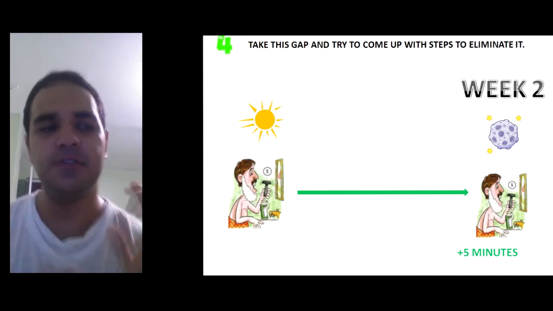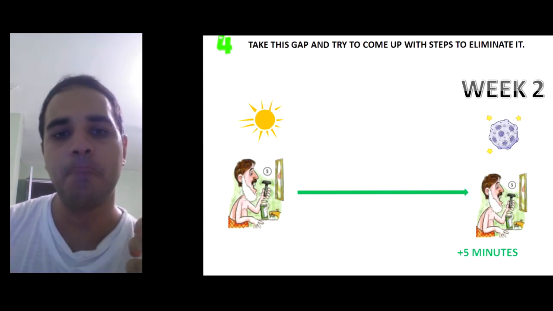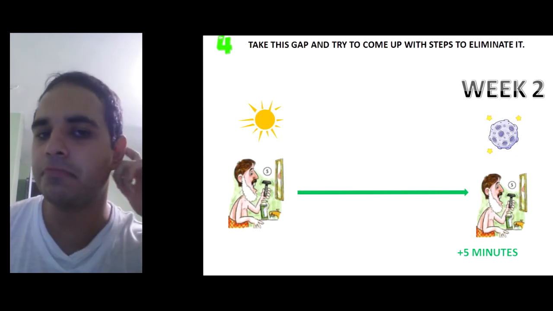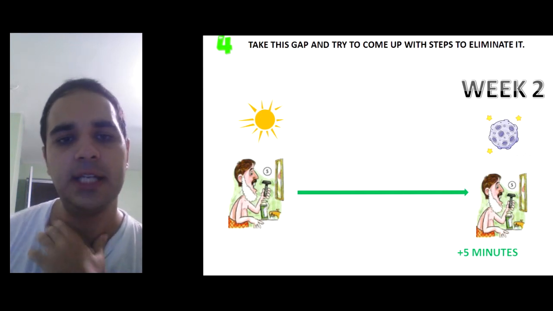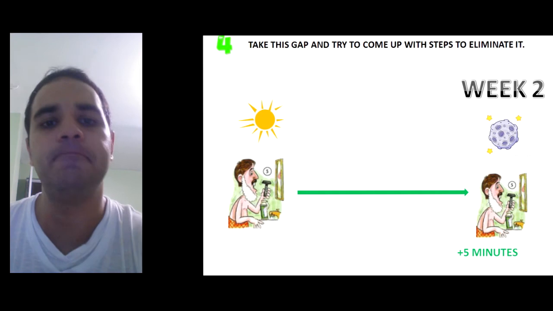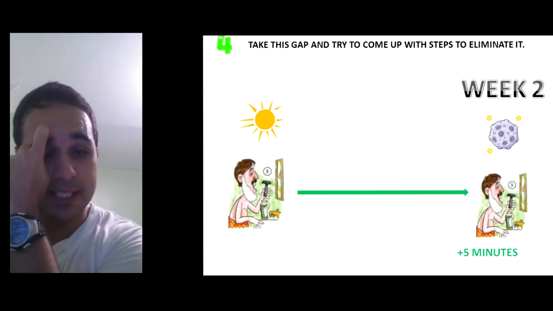So now you are waking up 10 minutes earlier. So you have 10 minutes plus 5 to 10 minutes from the shaving that you have eliminated from the morning. So you have 15 minutes, let's say 15 minutes.